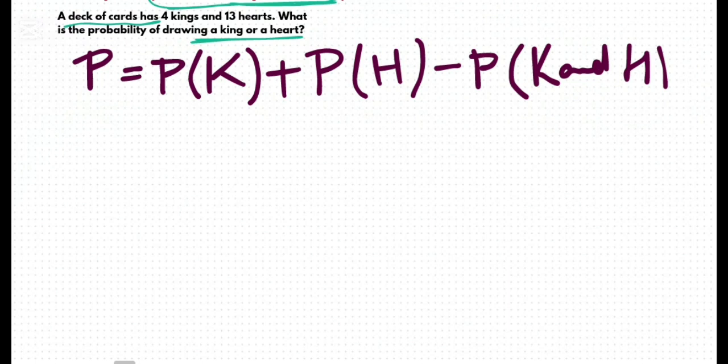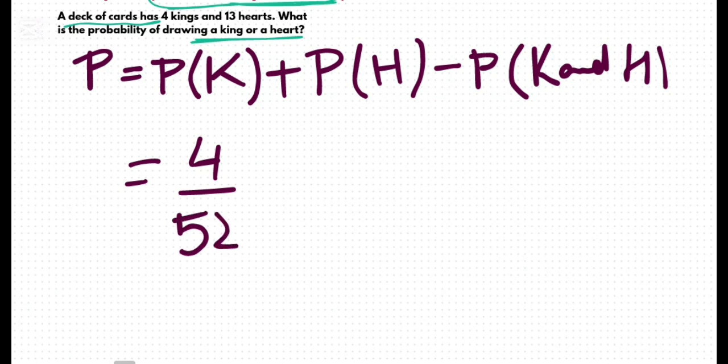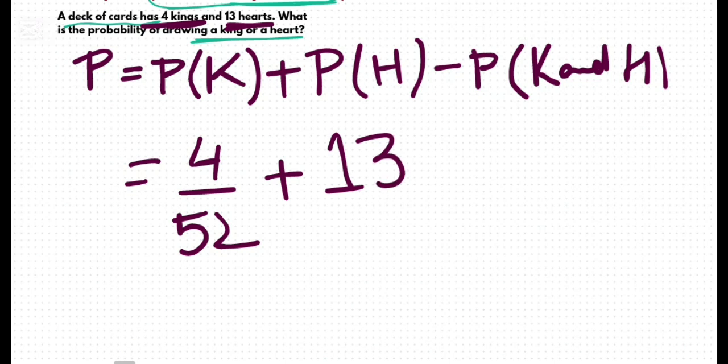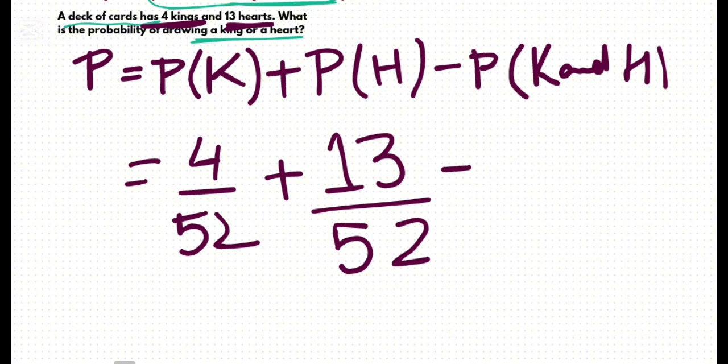So if you apply this formula, it becomes 4 by 52. If you see in the question, 4 kings and total 52 cards, plus 13 hearts by 52, minus 1 king and heart, by 52.